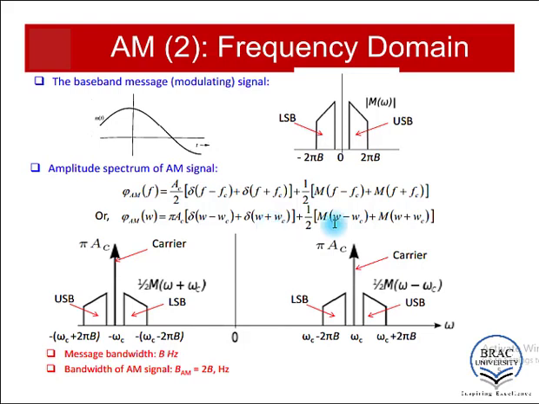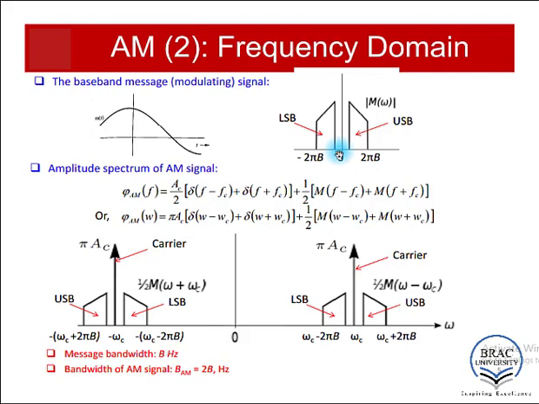The next part is interesting. This has a signal m(t) multiplied with cos omega c t. Now, if a signal is multiplied by a cos wave of a particular frequency, in the frequency domain, the original spectrum of m(t), which is denoted by M(omega), gets shifted to omega c and minus omega c. Previously, the center frequency was 0.